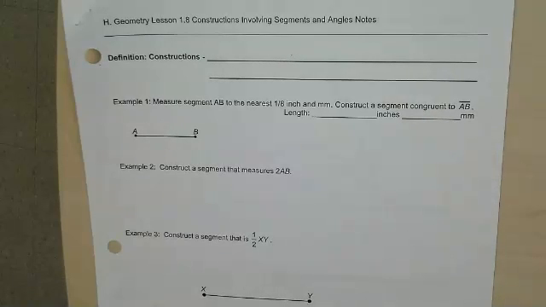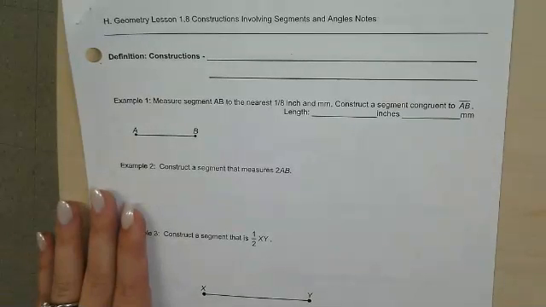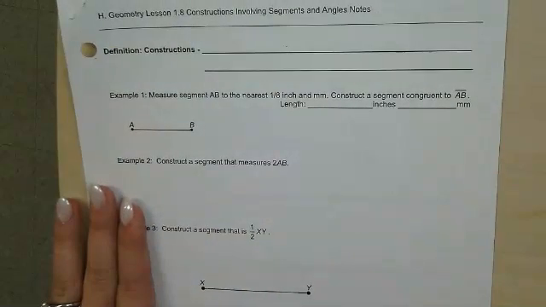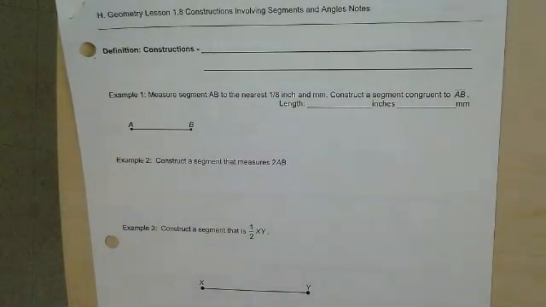So, first we are just going to define constructions here. On the first page of the notes where you can actually write, we are going to go ahead and add in our definition of a construction.